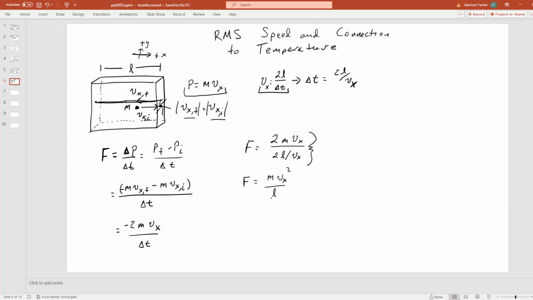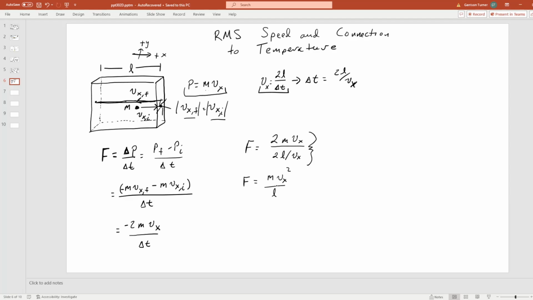And so this is the average force. Let me put it this way: this is the force that the wall will, on average, over several cycles, exert on the particle.